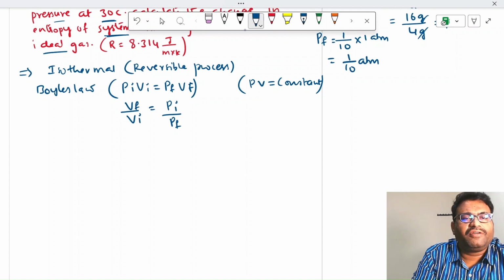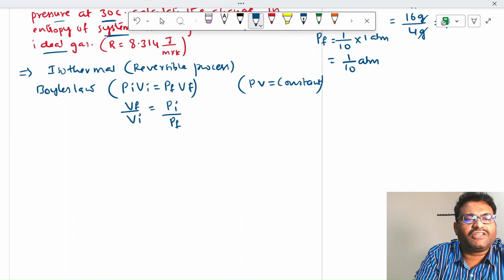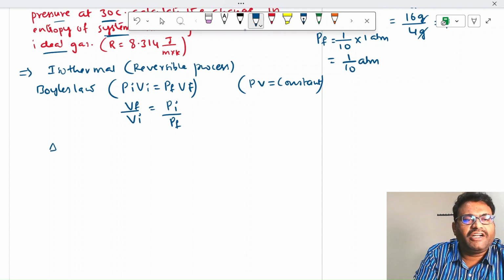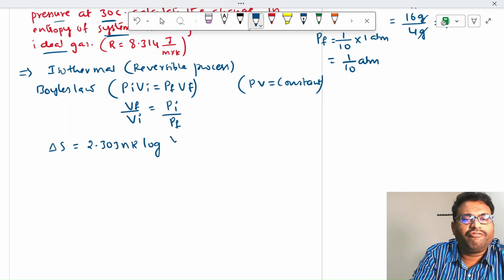Okay. Now what is the question asked? In the previous problem we have seen, for isothermal reversible process, delta S of the system is equal to 2.303 NR log V final by V initial.